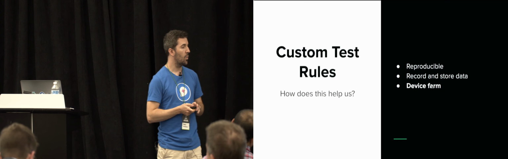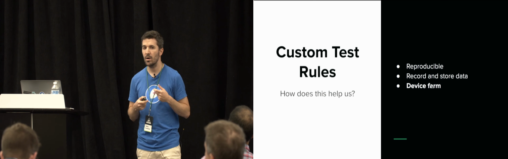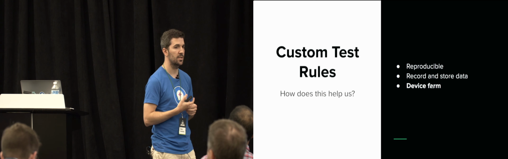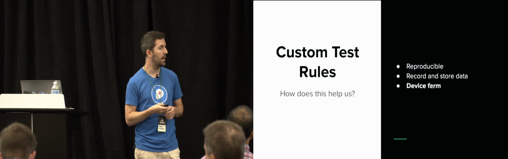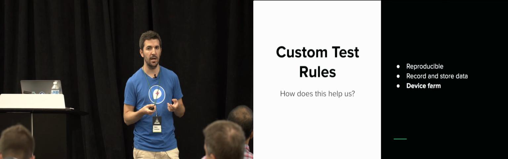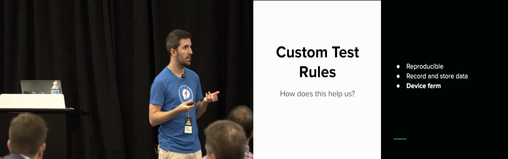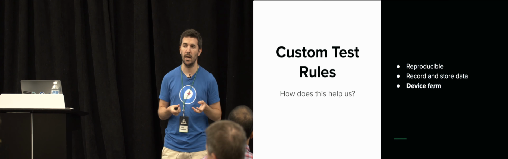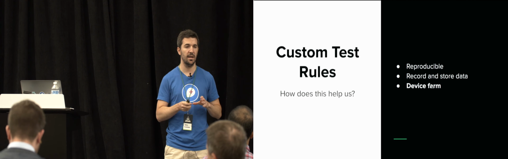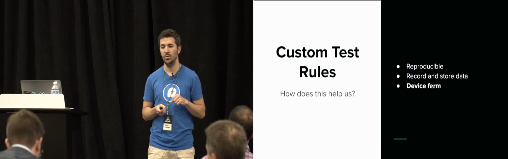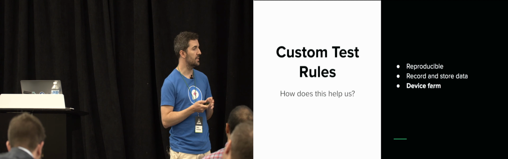Another thing that we needed to take into account was how we were going to execute this in a regular manner, right? And in order to do that, we needed a device farm that allows us to store something, and when the tests have finished, retrieve all the data generated.